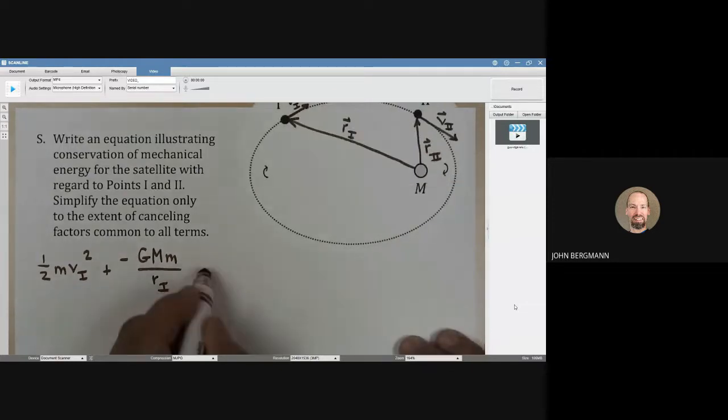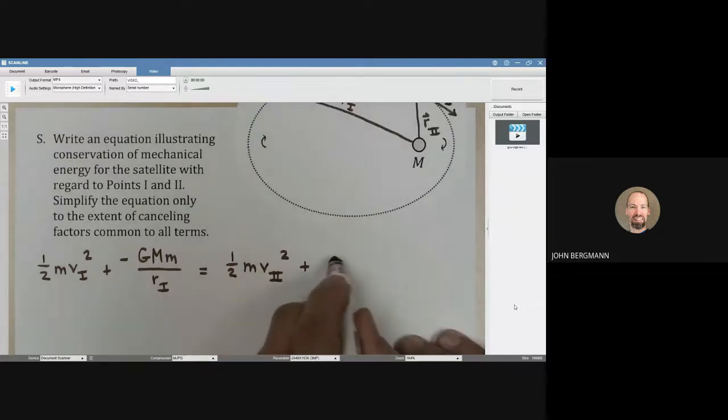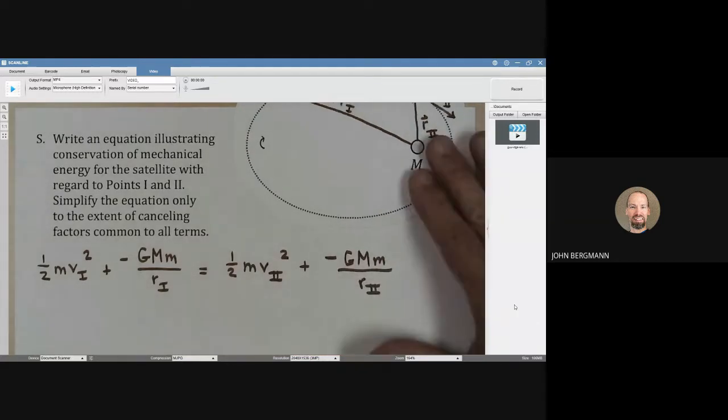That's for point 1. For point 2, then its kinetic energy is going to be 1/2 m v2 squared, and its gravitational potential energy is going to be negative big G, big M, little m divided by R2, like so.